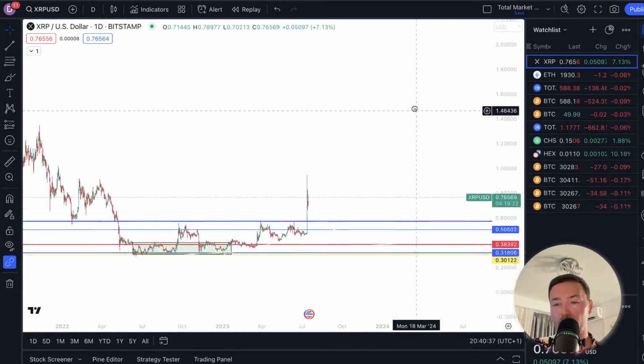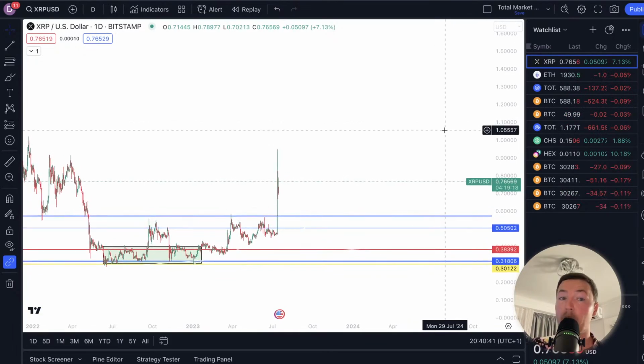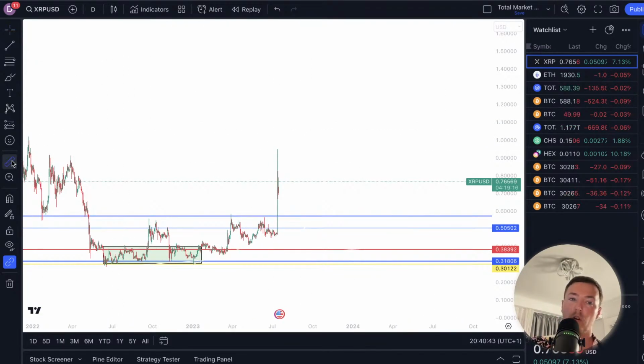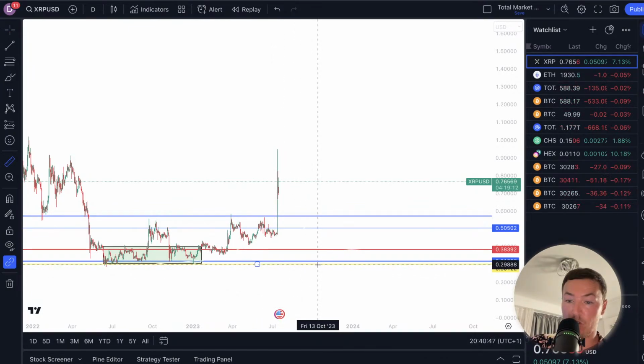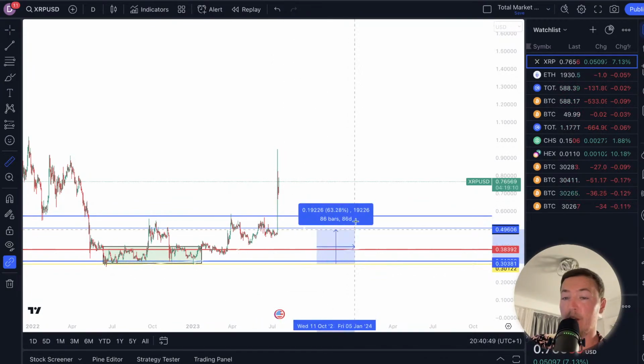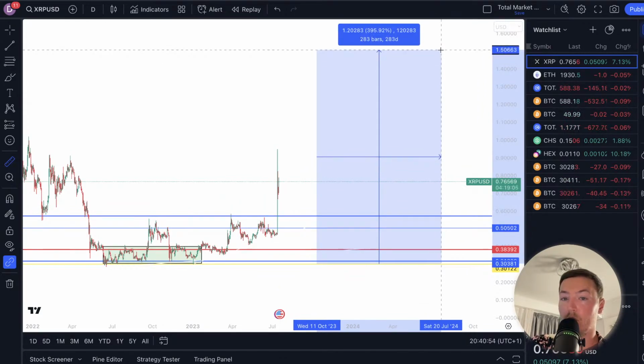And I'll show as well the power of buying low. So if I bought at 30 cents, which I did, and it goes to $1.50, I'm up 400%.